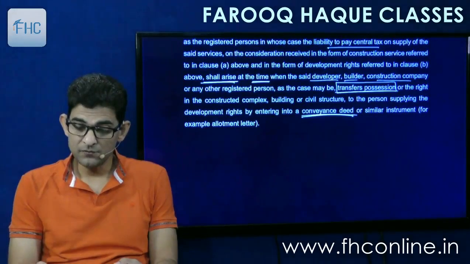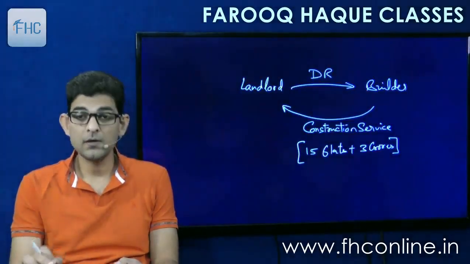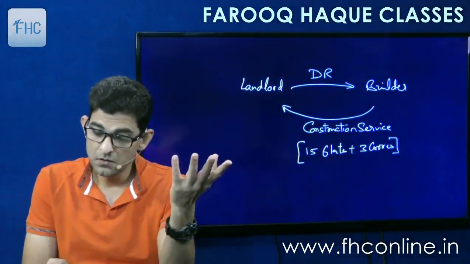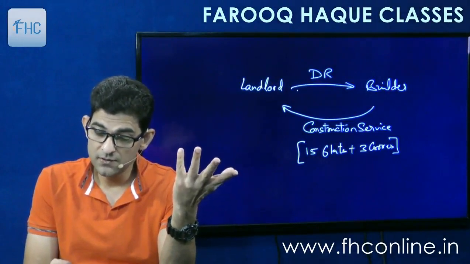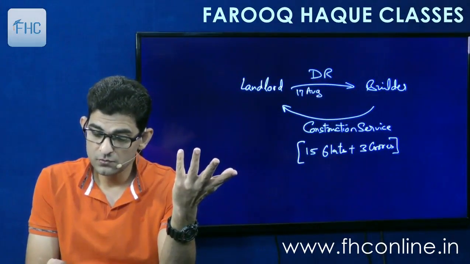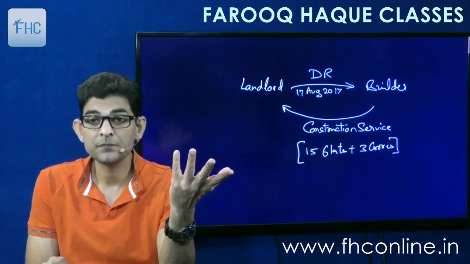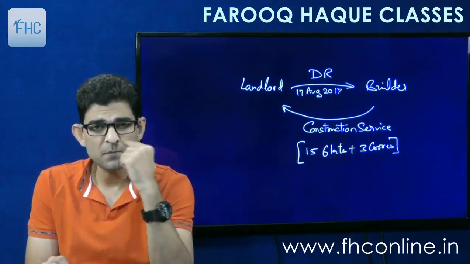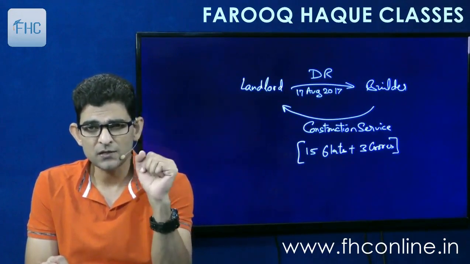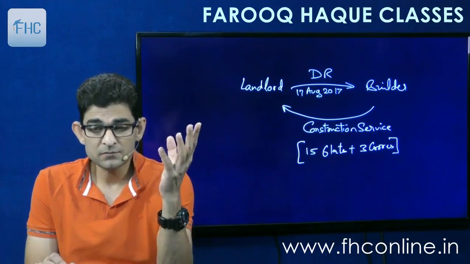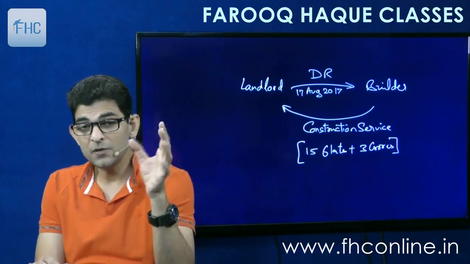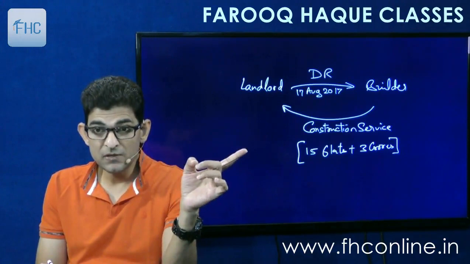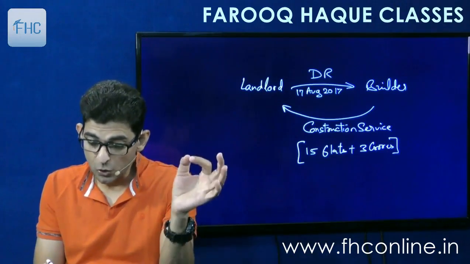So in this example that we have written, the landlord gives the development rights on 17th August 2017. He gives the development rights to the builder. Then the builder employs his labor, brings material, starts construction activity. It takes time, a long time if it's a big building. Finally, these 15 flats and 3 crores were allotted.